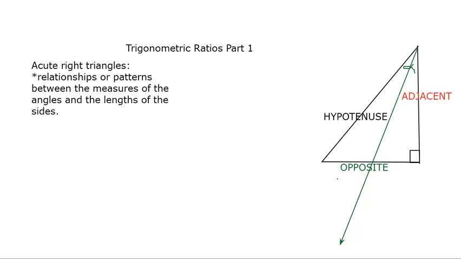Now, we're also going to look at trigonometric functions called sine, cosine, and tangent. Now, these terms relate from a unit circle and from trigonometry, which you haven't taken yet.